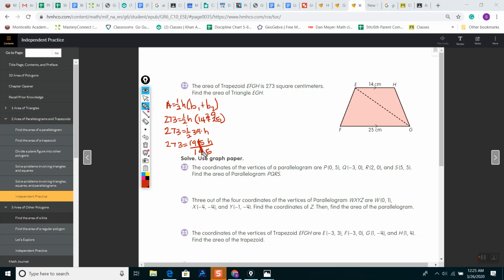Then we're going to divide both sides by 19.5 because I'm isolating this H. So this becomes a 1. So we have 273 divided by 19.5. I ran out of room, so we're going to redo this over here.